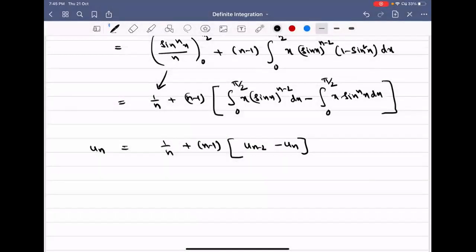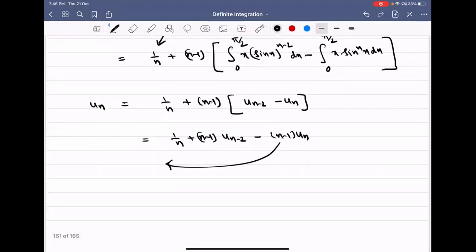Now from here, Un is equal to 1 by n plus n minus 1 into Un minus 2 minus n minus 1 into Un. So take n minus 1 into Un to the left hand side.